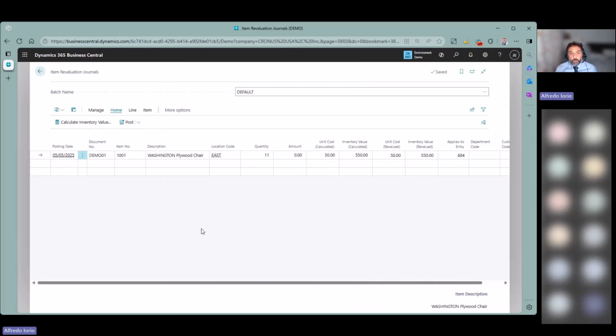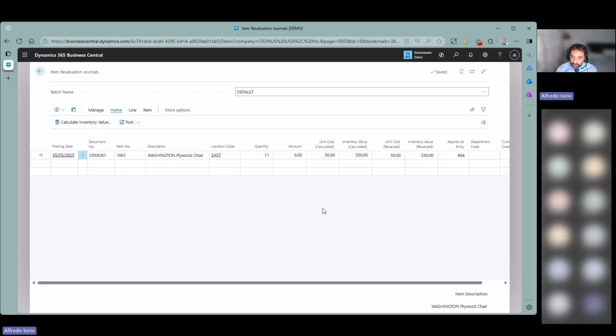In location East, we have 11 units of this item valued, right? You can see the inventory value is 11 and it's 50. Again, the 51 cost per unit is for another location because I didn't post in East.